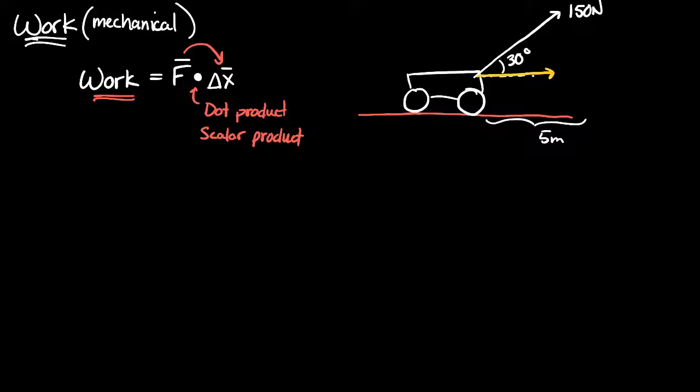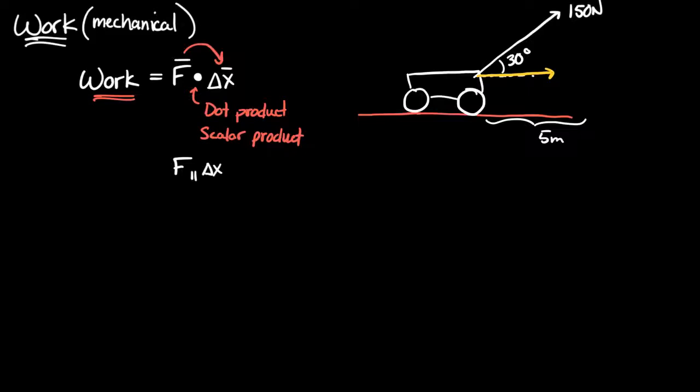This is what we mean when we say the force that is in the direction of the displacement. This is sometimes written in your textbook as the force parallel to the displacement. They put a little parallel symbol there.